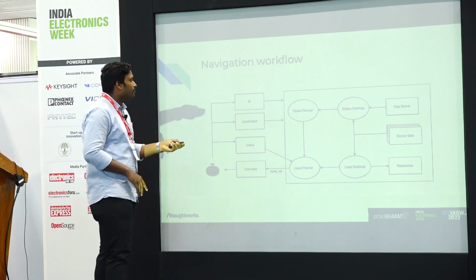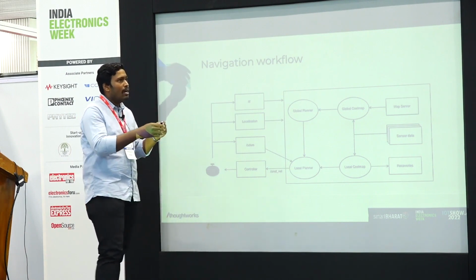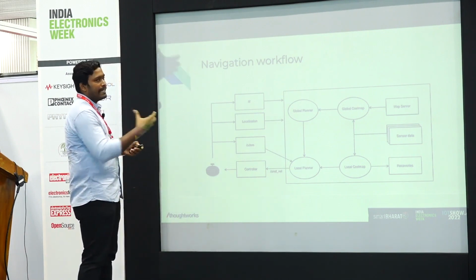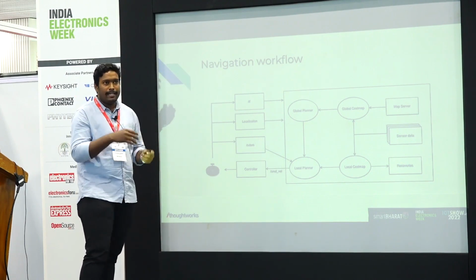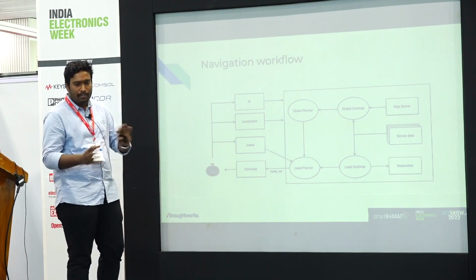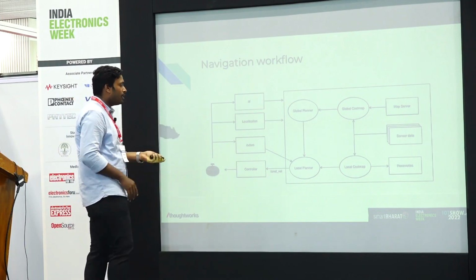So the flow is coming from the right: you create the cost maps, and they are fed into the global planner and the local planner. You have two separate cost maps that will be used by your planners.